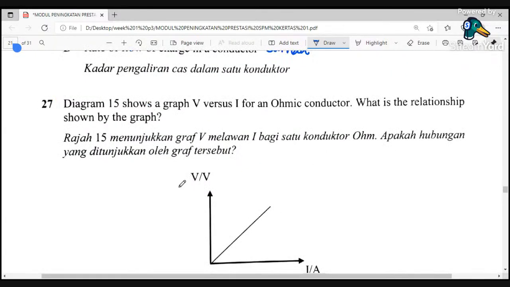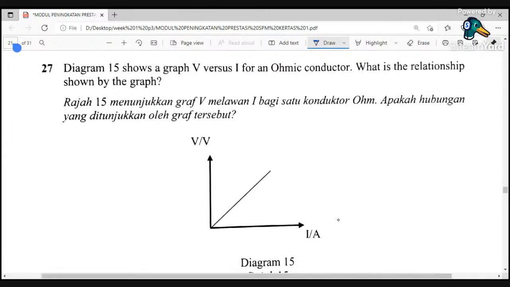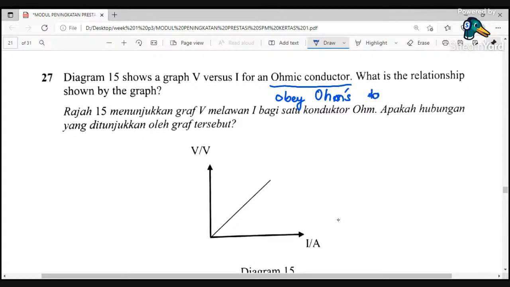Number 27, diagram 15 shows V versus I for an ohmic conductor. Kalau ohmic conductor, maksudnya dia memang ikut Ohm's law. Apa yang Ohm's law cakap? V directly proportional to current flowing through conductor, okay, or a constant resistance.